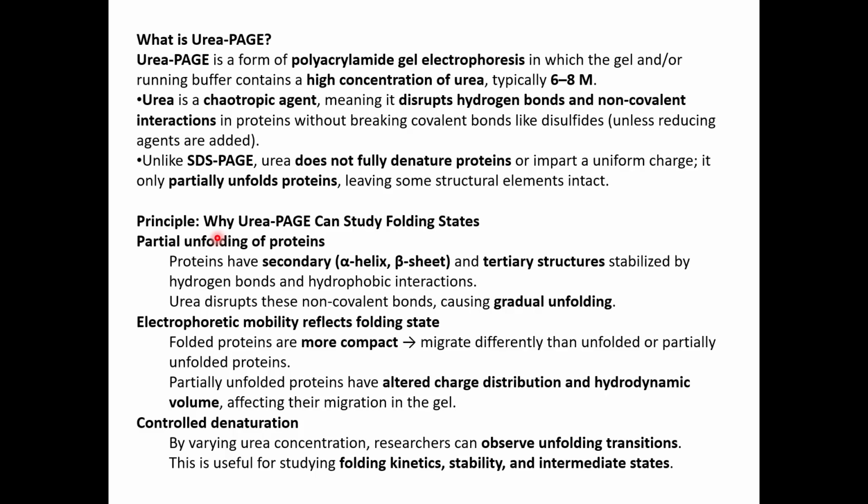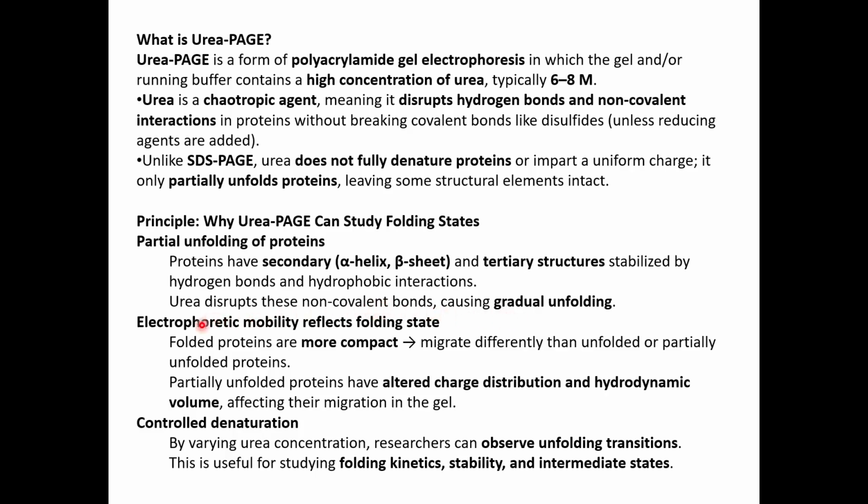So what is the principle behind why urea-PAGE can study folding states? Partial unfolding of proteins takes place. Proteins have secondary structures like alpha helix, beta sheet, etc., and tertiary structures stabilized by hydrogen bonds and hydrophobic interactions. Urea disrupts the non-covalent bonds, causing gradual unfolding.